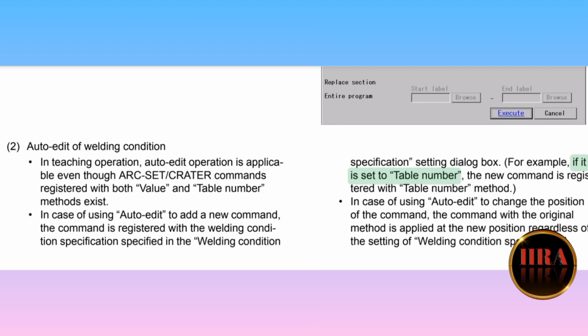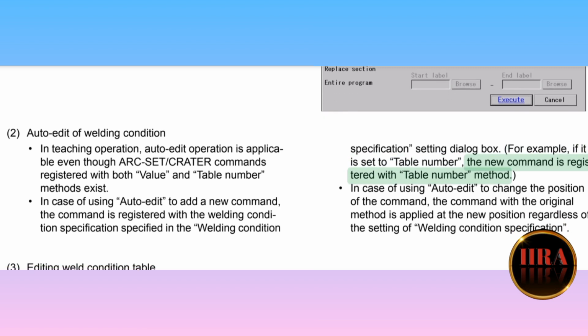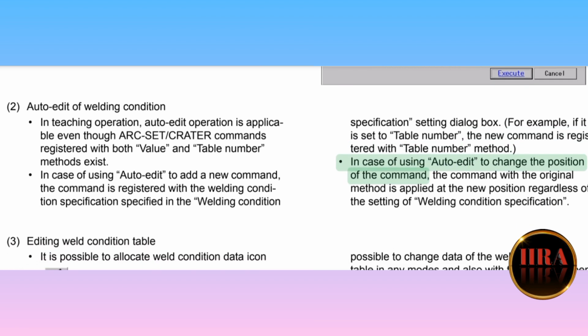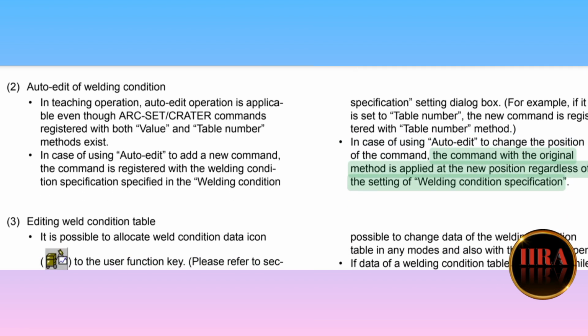For example, if it is set to table number, the new command is registered with table number method. In case of using auto-edit to change the position of the command, the original method is applied at the new position regardless of the setting of welding condition specification.